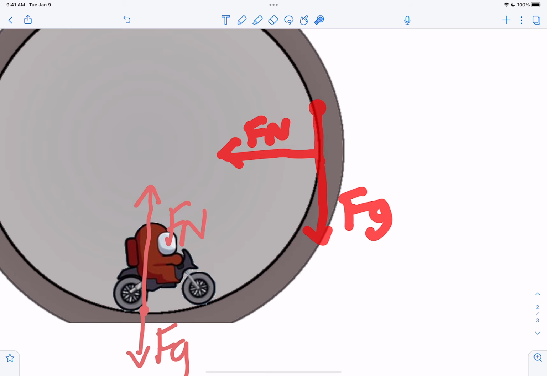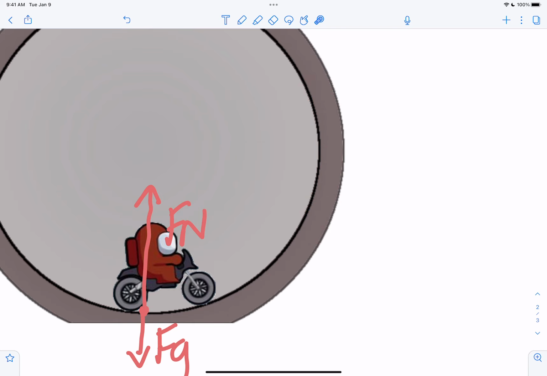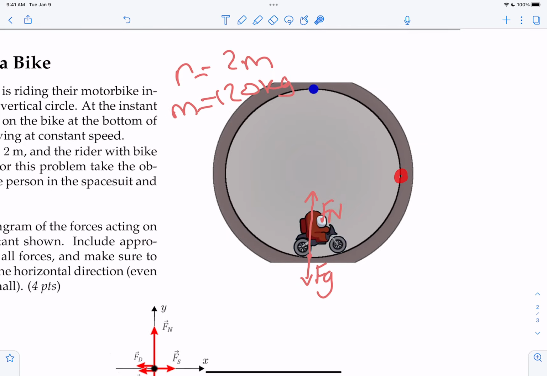This would be my static friction, because I'm trying to move upwards. I want the bike to grip with the track and help propel me upwards. And then I also have drag, F drag, and rolling friction as well, opposing my motion upwards. So that's how it would look in that position.